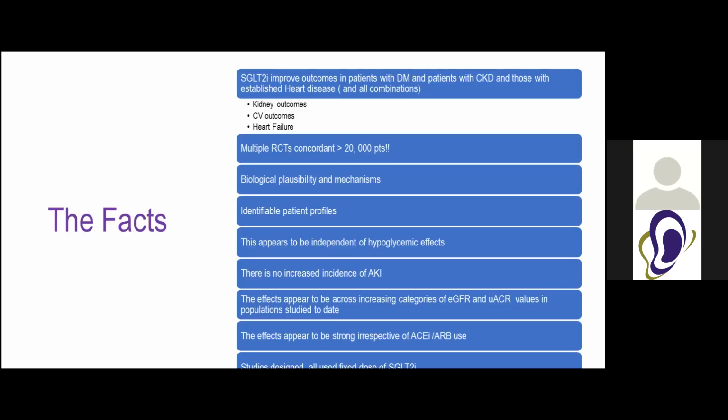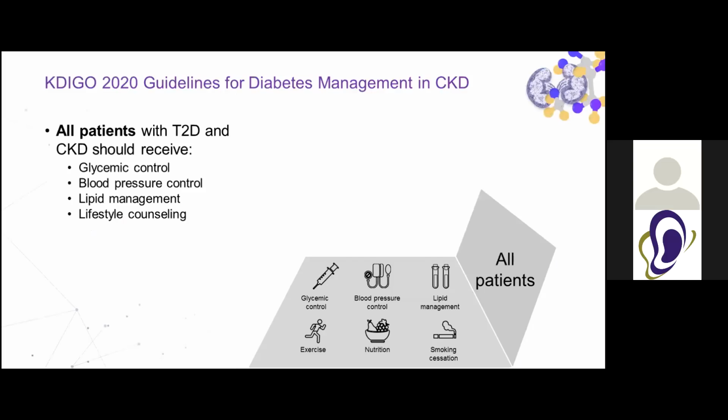And I think what I didn't say at the beginning is that all of these studies used fixed doses of SGLT2 inhibitors without any targets. And I think I'd like to come back to that.